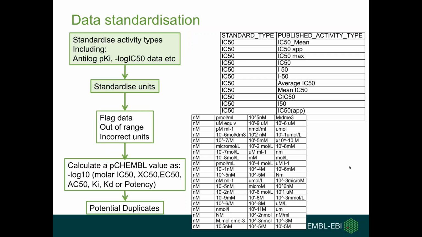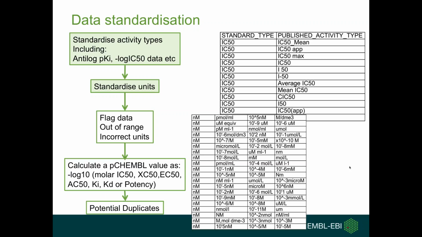We also do a lot of data standardization on the actual activity measurements that we extract from the papers. So people have lots of different ways of saying things like IC50. So we record the actual published types that were mentioned in the publication, but we also standardize these to standardized activity types.